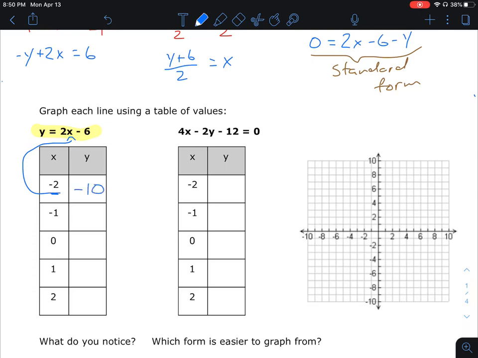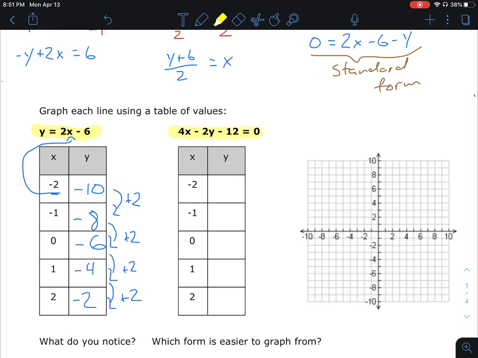Y is equal to 2 multiplied by negative 1 minus 6 gives me negative 8. Negative 6, I just kind of keep plugging in those values, negative 4 and negative 2. And you notice that we have our first differences are all the same, and they are all positive 2. So that table of values is done.